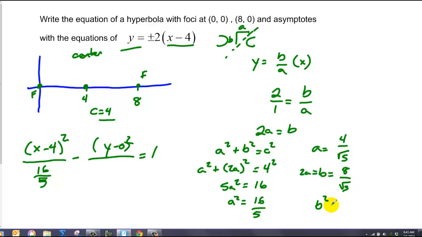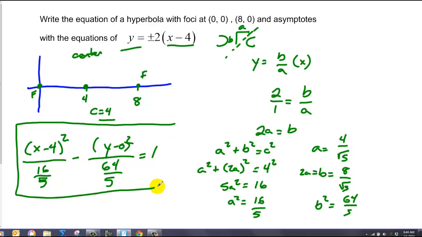Therefore, b squared is going to equal 64 over 5. And I could just write that right here and be done. So there's my equation for my hyperbola using a substitution for my a and b, given that I have an asymptote.